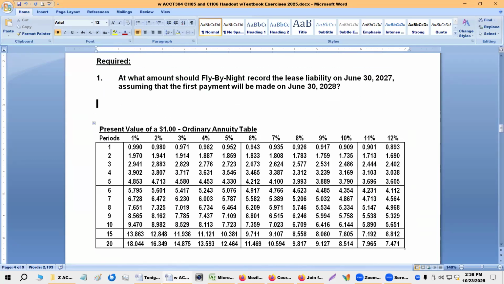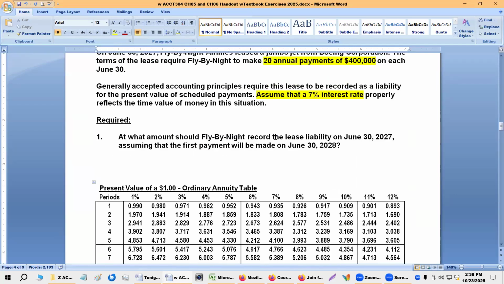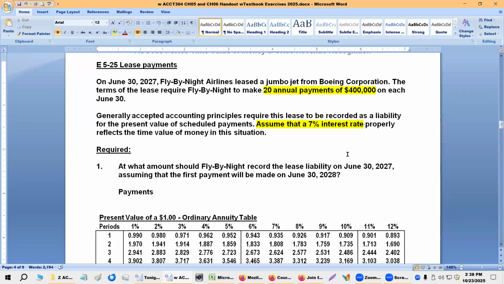Hey, I didn't put the little table in here. Yeah, we don't need it. Let's grab the numbers. Okay, so the payments are $400,000.